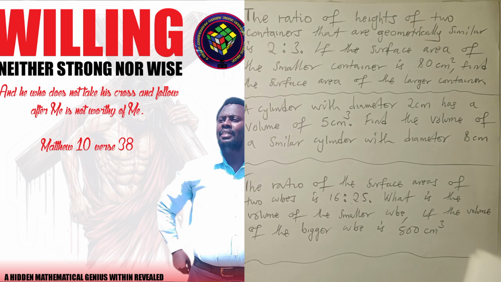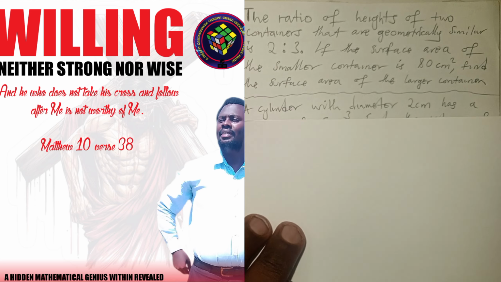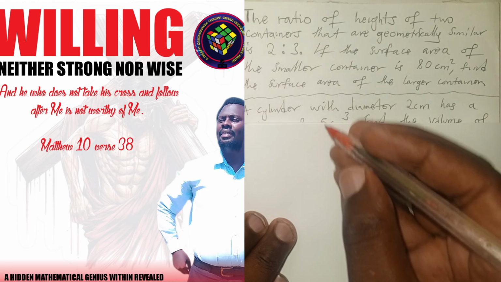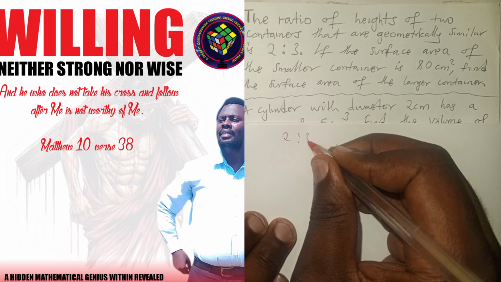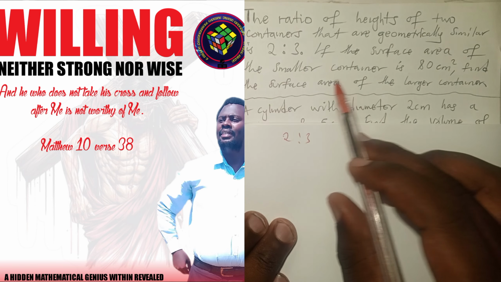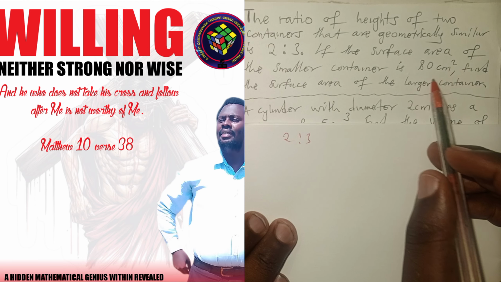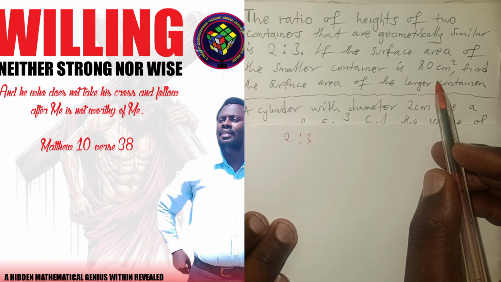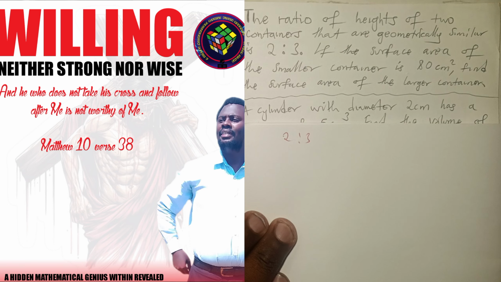Okay, so we have this question. We are told that two containers are similar and the ratio of their sides is 2 to 3. The smaller container is 80 square centimeters and we want to calculate the area of the larger container.